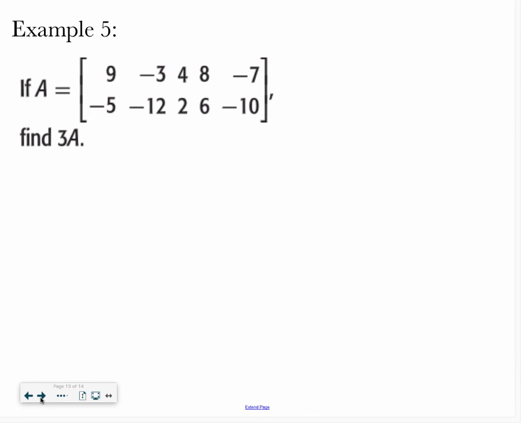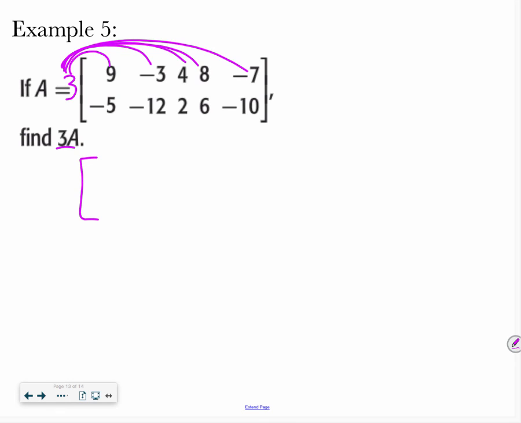Alright, our very last example has to do with scalar multiplication. So I'm giving you a matrix letter A, and I want you to find 3A. So what that means is you multiply everything inside by a 3. You are distributing here.